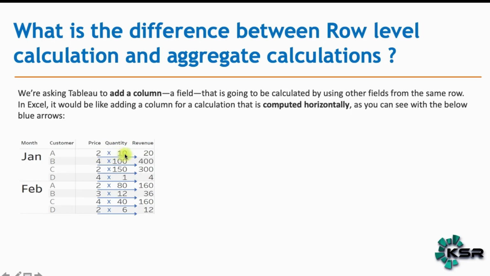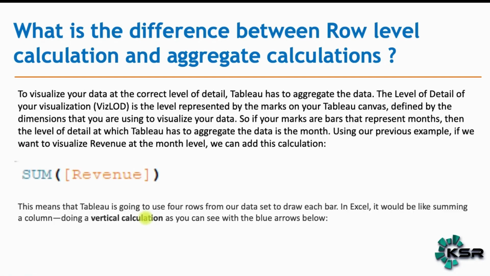So 2 into 10, like 20. Similarly, this gives you 400, 2 into 150, 300 likewise. For all the rows, it performs row level calculation. Okay. And then let's say if you want to visualize your data at the level of detail, then Tableau will aggregate the data.